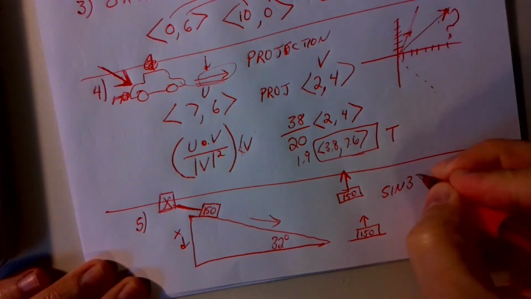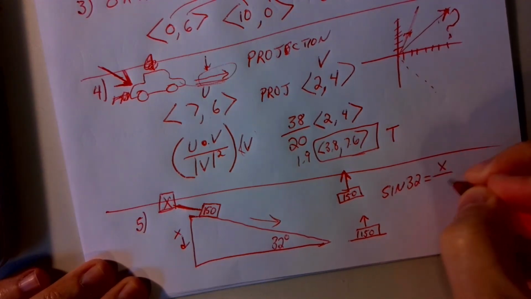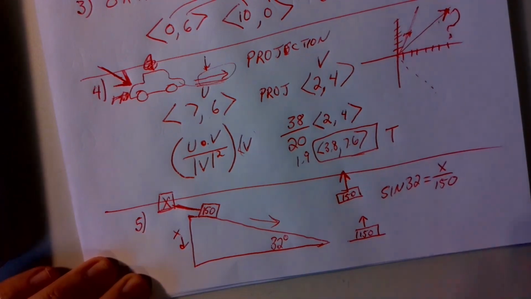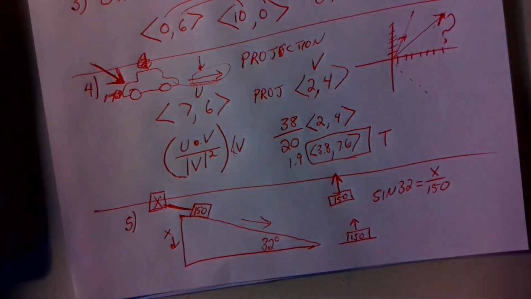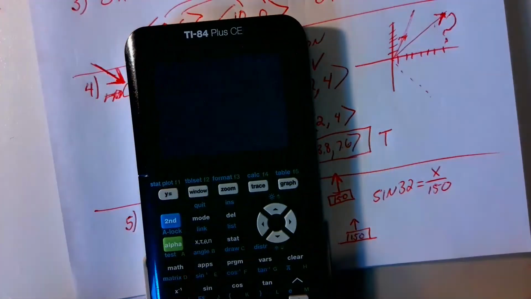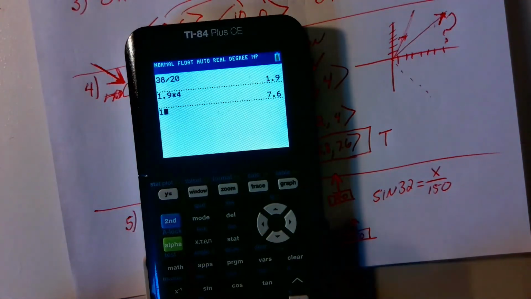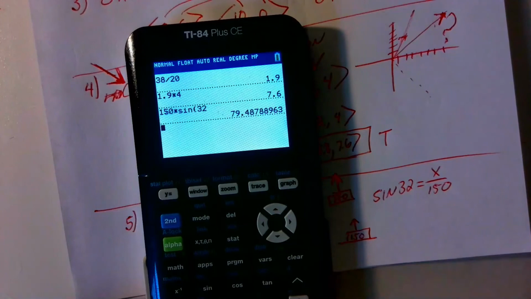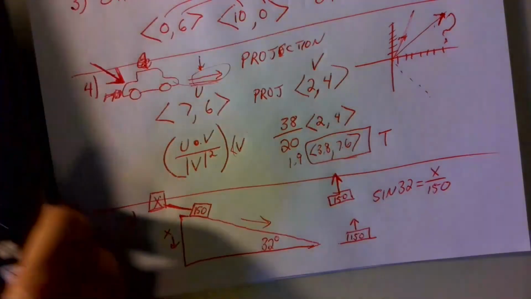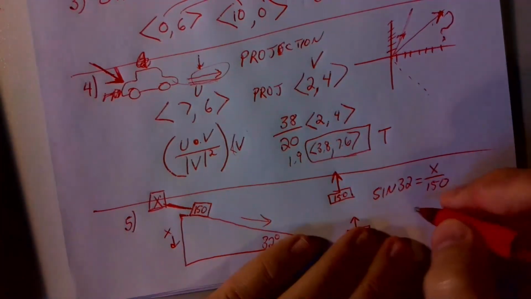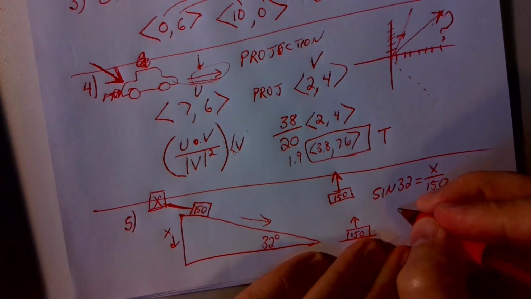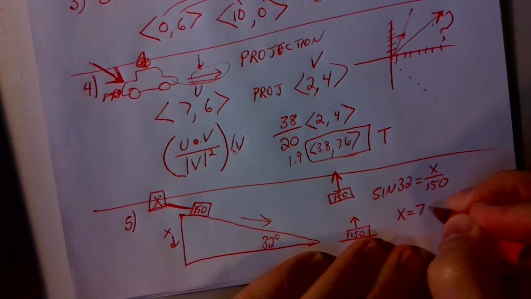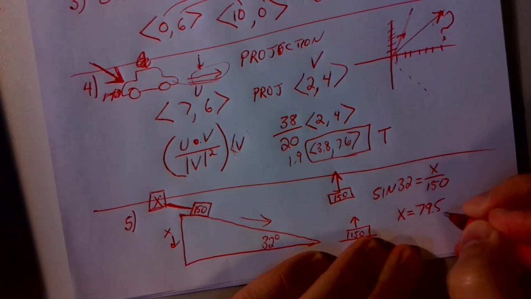Sine of 32 equals x over 150. And I'm going to go ahead and solve this equation right now. So here we go. I got 150 times the sine of 32, and I get 79.5. So x equals 79.5.